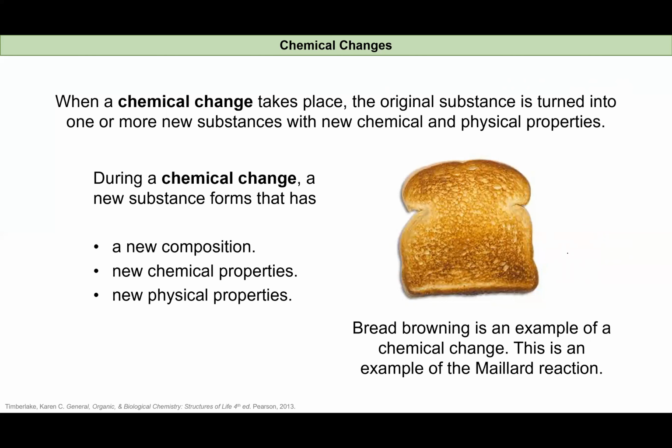And so we can see color change in our toast on the outside. We also notice a change in smell. And a change in texture. It's much harder. And so these are physical properties of our new chemical on the outside of the toast that's undergone this chemical change.